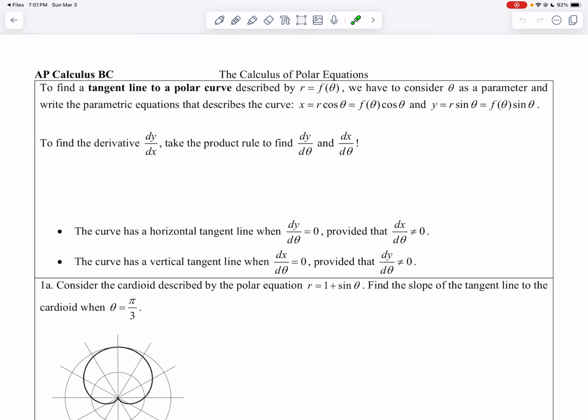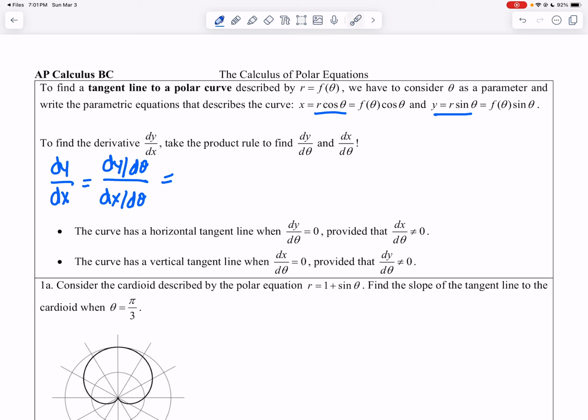Now, to find the derivative dy dx, what we're going to be using is the chain rule. So to find dy dx here, I'm going to have dy d theta over dx d theta. In order to do that, I'm going to use the product rule.